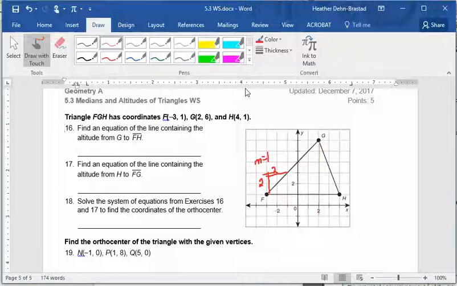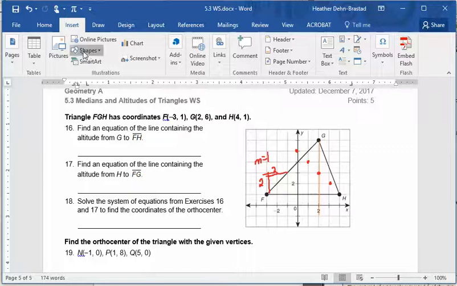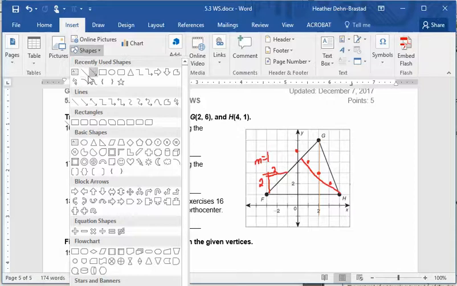So from H, instead of going right 1 and up 1, I want to go left 1 and up 1. And then I want to keep that slope up. And that should then intersect FG at a right angle. So I'm doing a slope of -1. And let me get my line and make a straight line from H then. That's not a straight line.